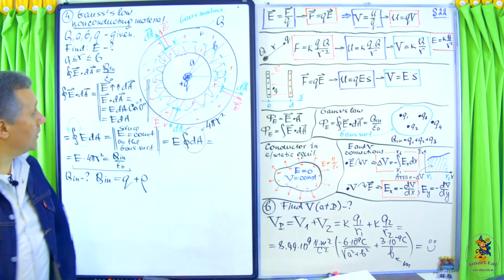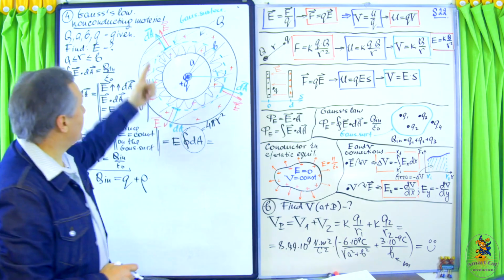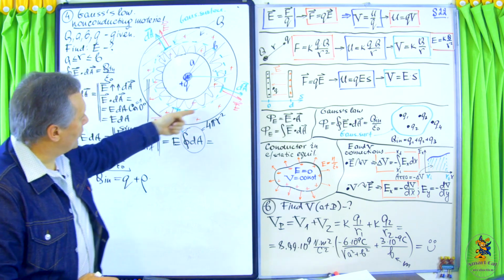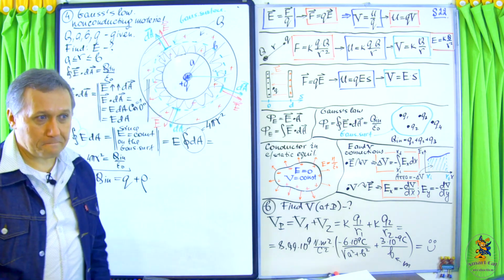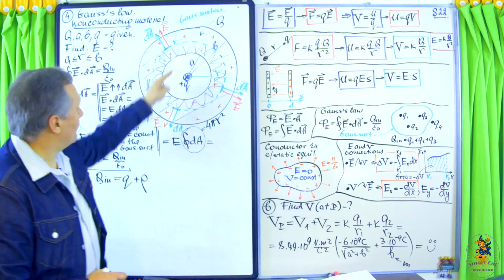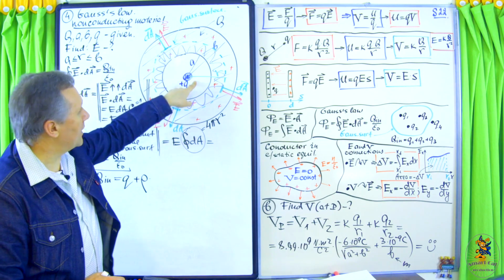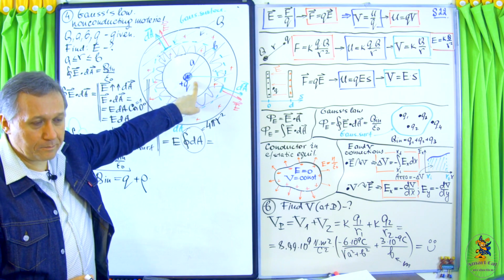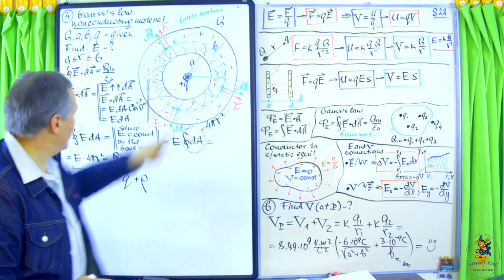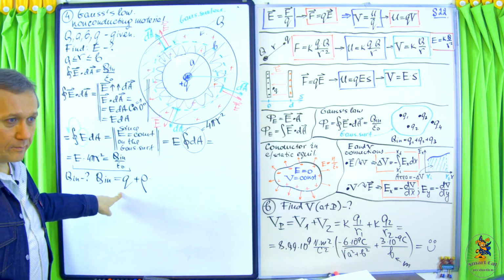The volume of that shell is the volume of the sphere with radius r small, this greenish area, minus the volume of the sphere with radius a, because inside of this sphere with radius a, it's empty. And again, this charge q we already included, right?